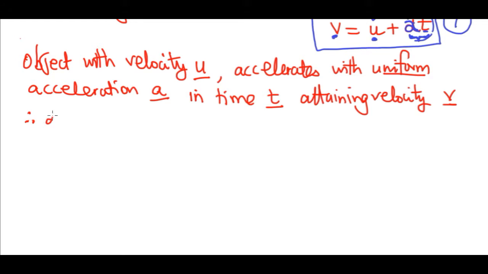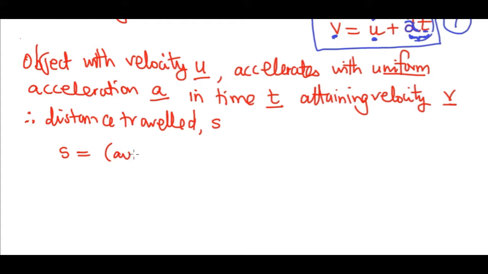Therefore, let's look at distance traveled. We know distance traveled is equal to velocity times time, or speed times time. There is a special definition where distance s is equal to average velocity times time.